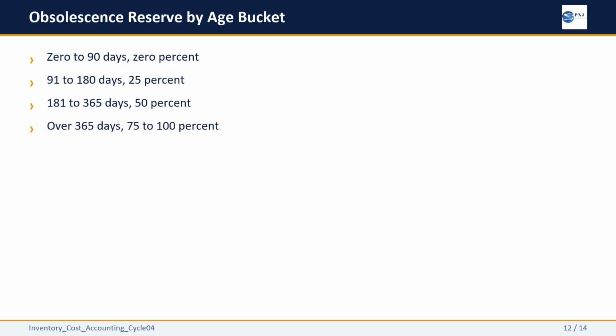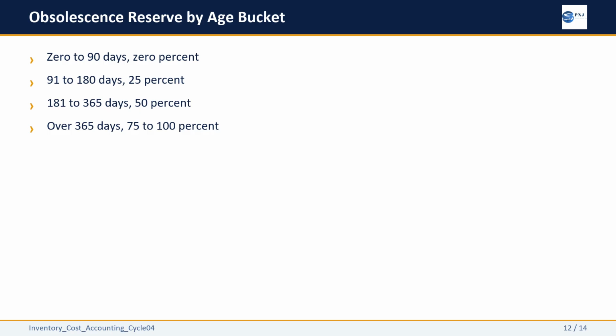The standard buckets work like this: 0 to 90 days carries 0%, 91 to 180 days, 25%, 181 to 365 days, 50%, and over 365 days, 75 to 100%. Those percentages are management estimates, reviewed at each assessment date, not carved in stone. Any write-down or reserve change above materiality needs finance director approval.